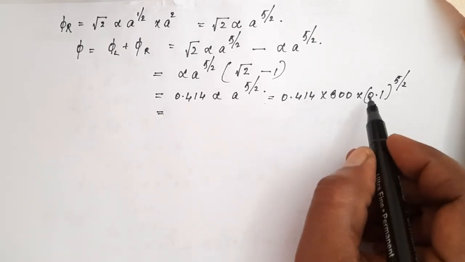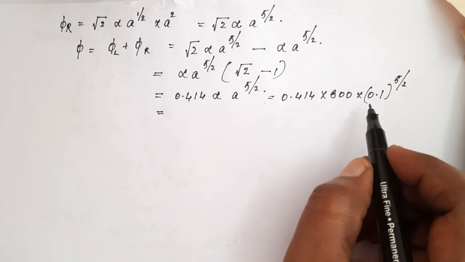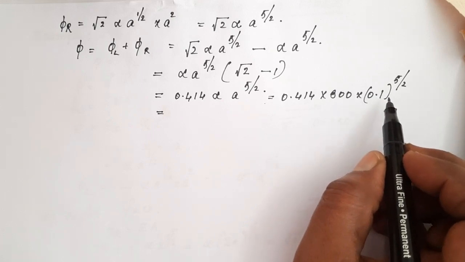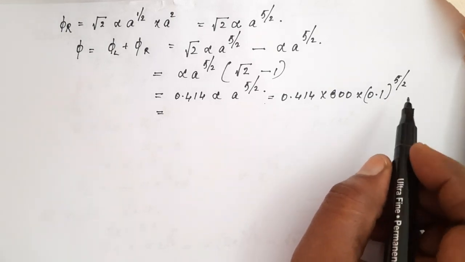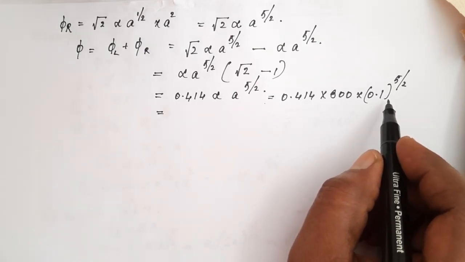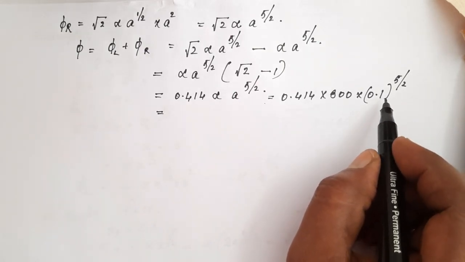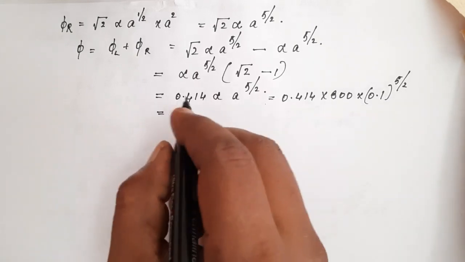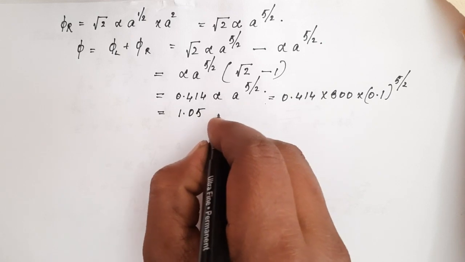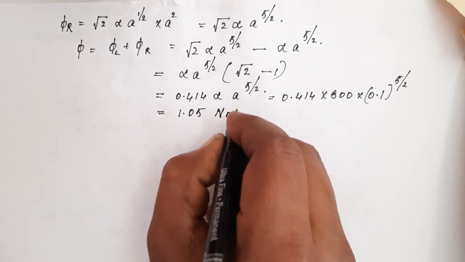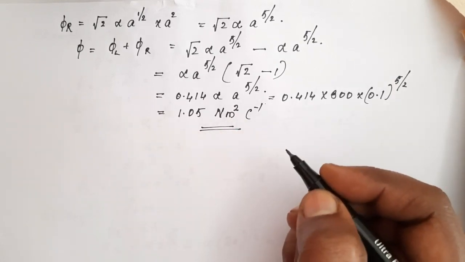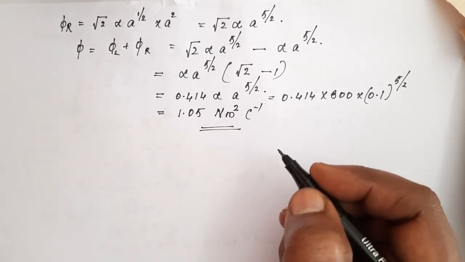Such calculations, as I have already told, I have given 5 or 6 videos on logarithm. So it's your duty to learn how to do calculations using logarithm tables. By doing that calculation, the answer you will get is 1.05 Newton meter square per coulomb. So this is the expression for total flux.